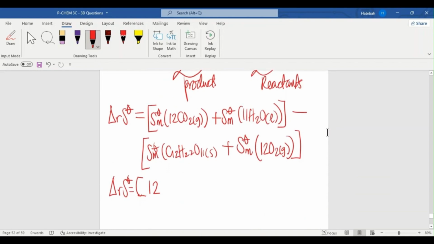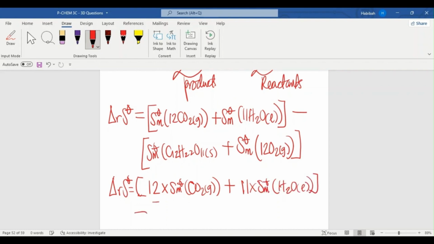Here we have coefficient of more than 1. So we're going to bring out the first coefficient. So that'll be 12 times the molar entropy of CO2 gas, plus 11 times the molar entropy of the second product, so H2O liquid, minus, we're going to do the same thing here. This one, the coefficient is 1, so we're just going to rewrite this.